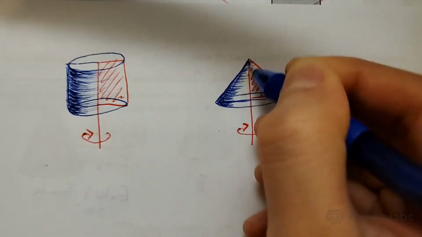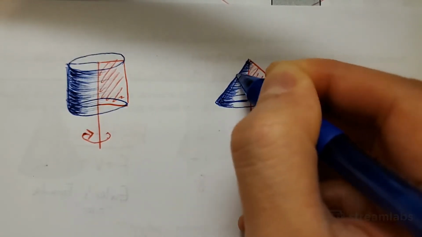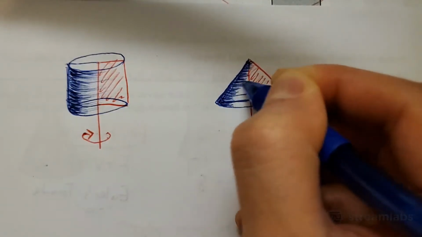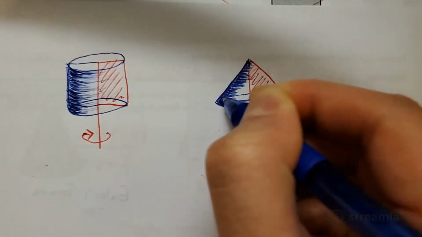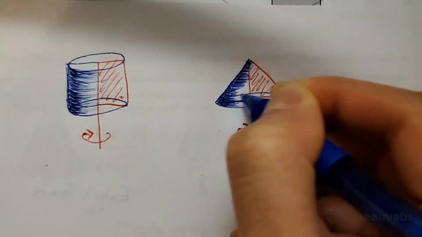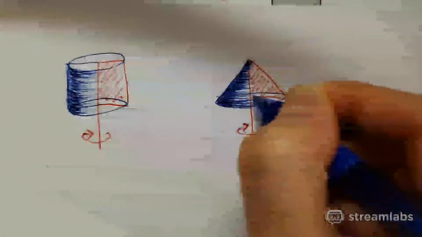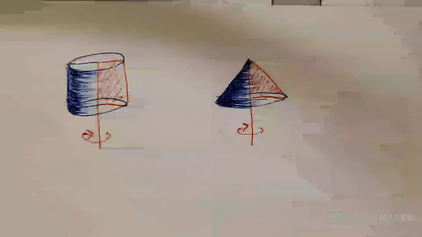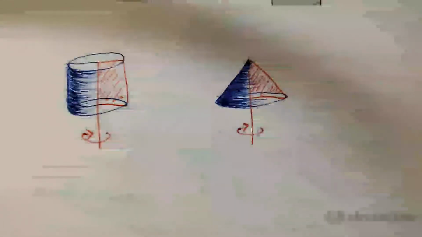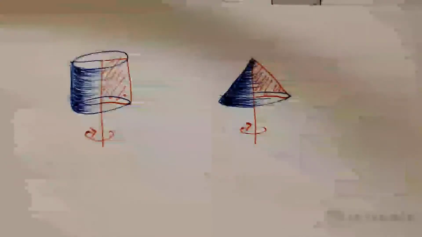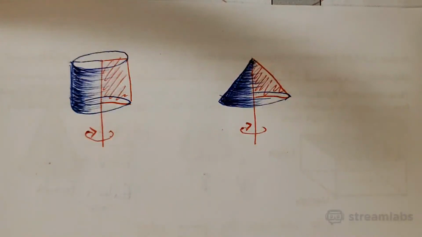Right? As you spin this. Okay. So you should be able to see it formed as you spin it. Okay?